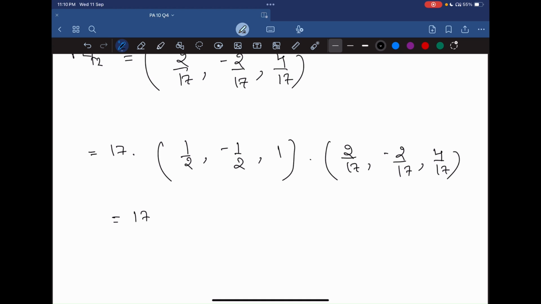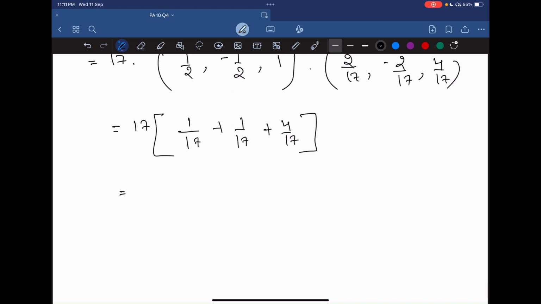Simplified, we get 17 times 1 by 17 plus 1 by 17 plus 4 by 17, and that is 17 times 6 by 17, that is 6. So that is our answer.